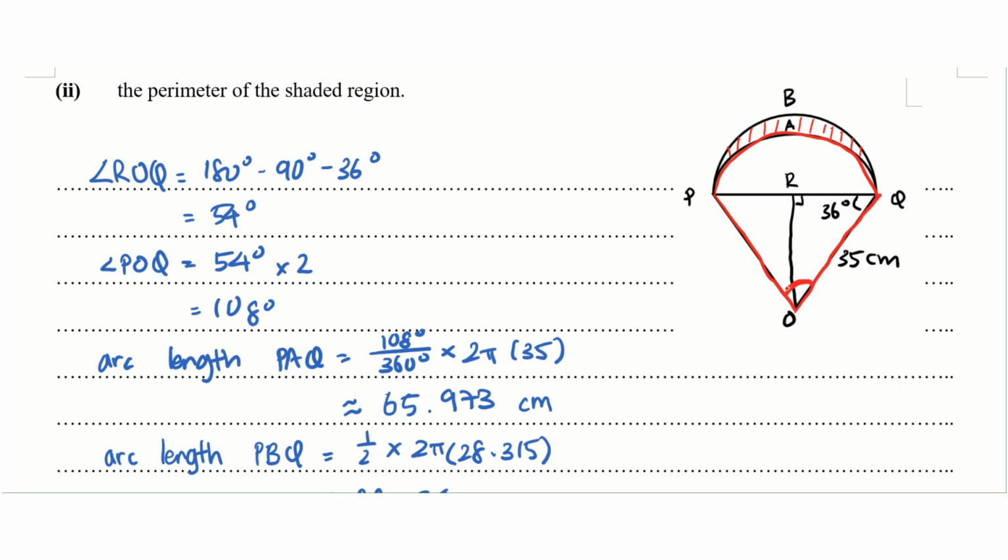Angle POQ is double of angle ROQ. Angle ROQ can be found by angle sum of triangle, which gives 54 degrees. That means angle POQ would be 108 degrees. Then using the arc length formula, we get 65.973 cm in truncated 5SF.